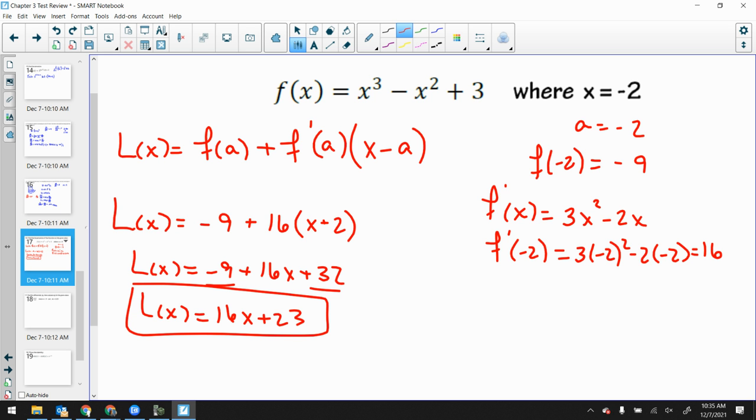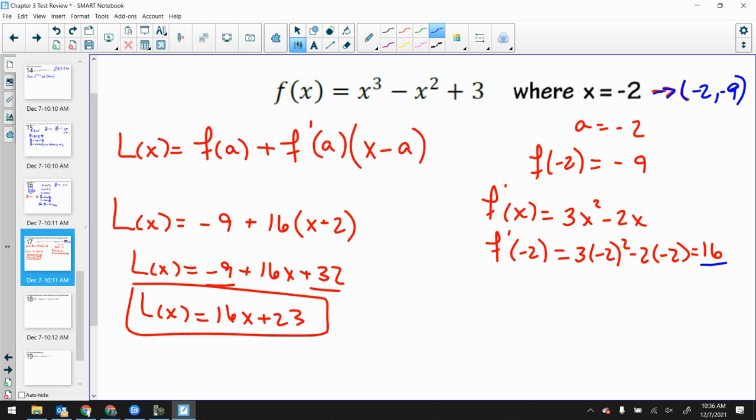Again, if you had forgotten what the linearization equation is, because that's kind of a weird one, remember that it's just the equation of the tangent line. So what you could have done is said, okay, -2 comma what? Well, -2 comma -9, right? You could have found this coordinate to be -2 comma -9. And then said, okay, let's find the derivative. 3x squared minus 2x. Plug in -2. Okay, we did that, 16.